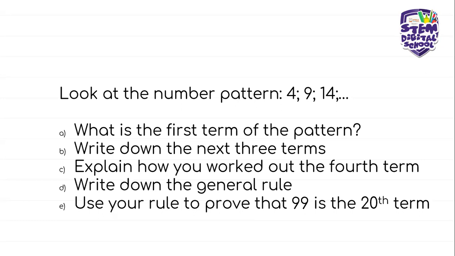If the input value is 2, then the output value is 9, and so on and so forth. And of course you can use the rule to find the 20th term. I hope that will carry on.